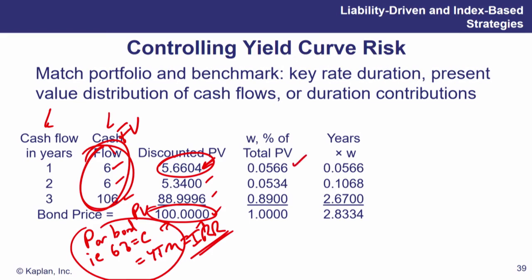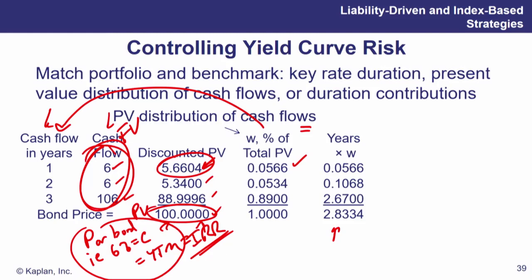So we could calculate the weight of each of those PVs, and those weights are the basis of calculating duration. If we took those weights times when the money is going to occur, year of when the money will come in times its present value weight, and we total it up, that is how Macaulay duration is solved. That is the literal process of calculating a Macaulay duration.